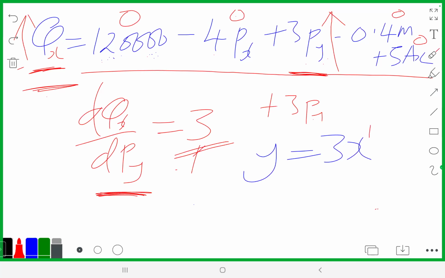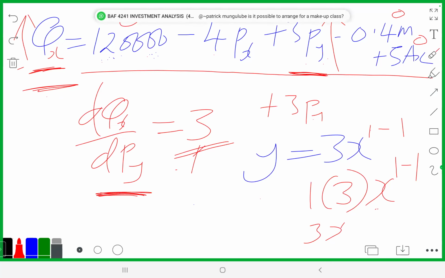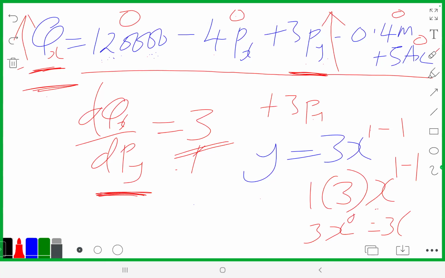When you're doing differential calculus, you remember from the basics that when you're dealing with such an equation, you drop the power, keep the coefficient the way it is, and reduce the power by 1. So you have 1 times 3x to the power 0. Then we know that any number raised to the power 0 is 1. So x to the power 0 is 1, and 3 times 1 gives you 3. You're following? This is actually what has happened here.